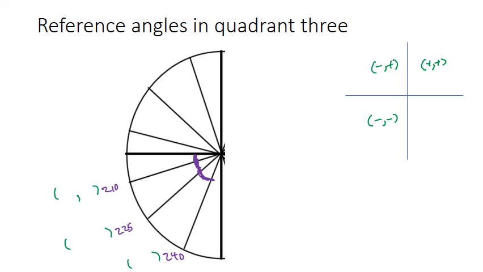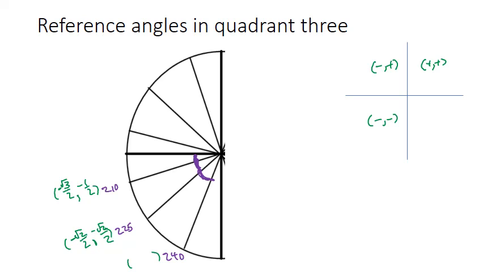negative values. So for our 30-degree reference angle, which is 210, we should have negative radical 3 over 2 and negative 1/2. For our reference angle at 45 degrees in quadrant 3, which is 225, we should have negative radical 2 over 2 and negative radical 2 over 2.